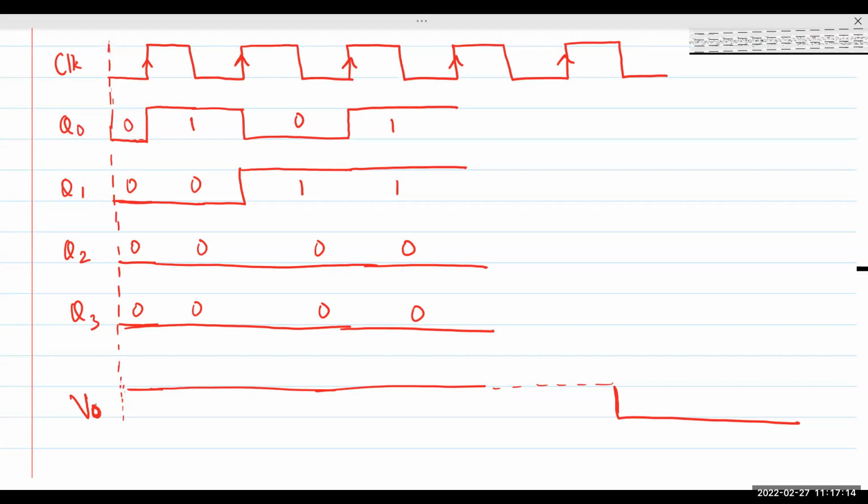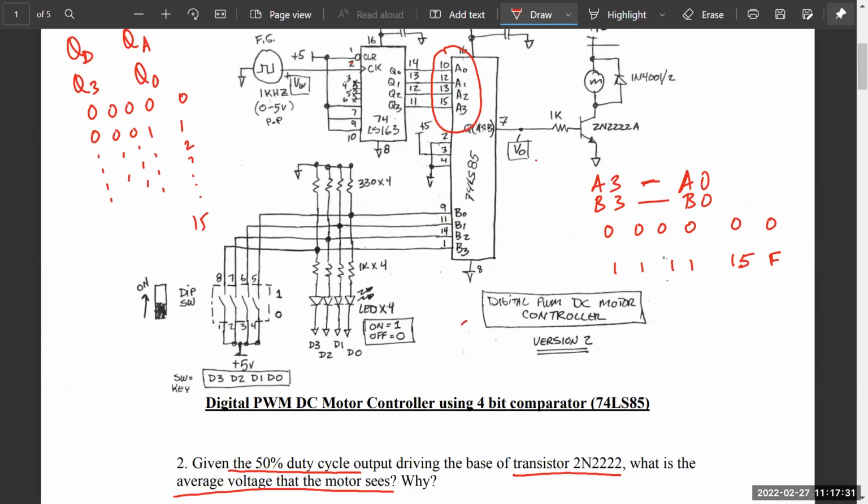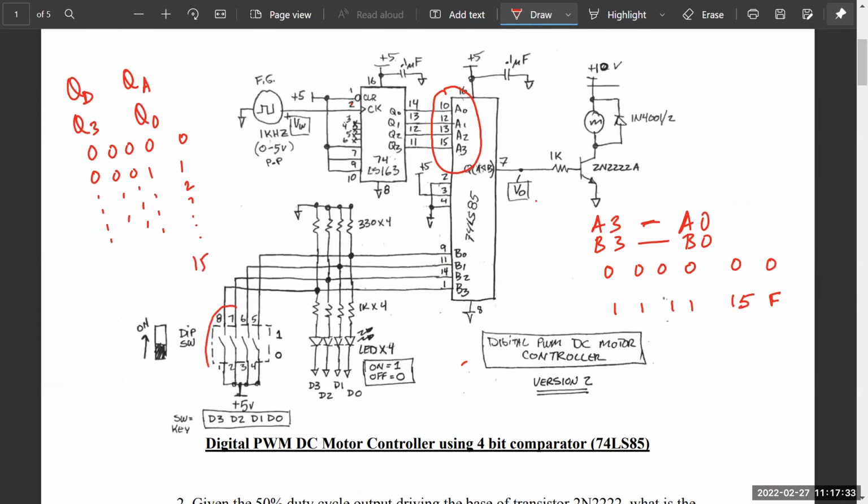So once you're done with this, I would highly recommend that you think about what other kinds of duty cycles you can generate using the set values for B3 to B0, right? B3 to B0. And obviously, you can change the value of digital input B by flipping the switches. So the switch positions will determine what value B has.